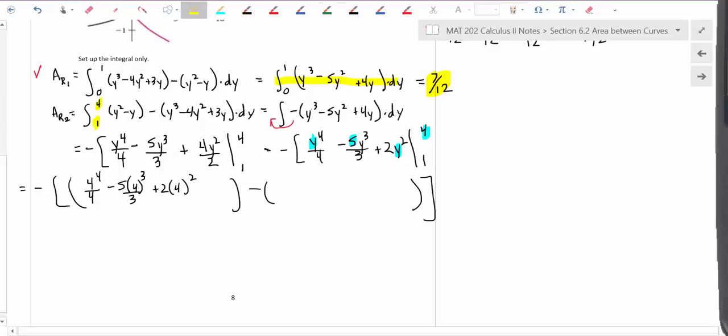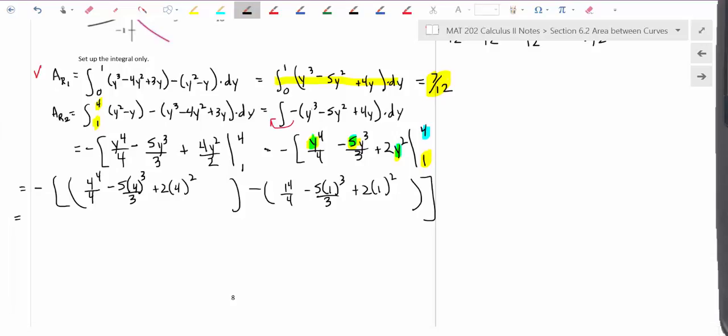Now plug in the lower limit of 1 into the y values. So that's going to give 1 to the fourth over 4, minus 5 times 1 to the third over 3, plus 2 times 1 to the second. Okay, then we'll start crunching out the details here and carefully work out the arithmetic, then we can put together our final result.